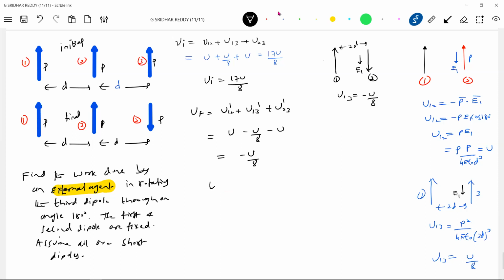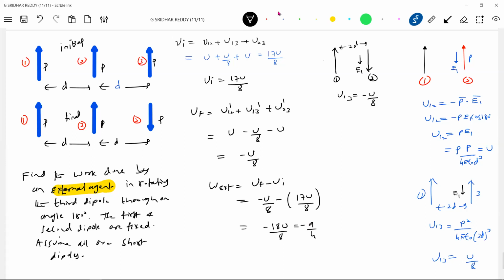So what is the work done by the external agent? Work done by the external agent should be equal to Uf minus Ui. What is Uf? Minus U by 8, minus of 17 U by 8, which is minus of 18 U by 8. 18 by 8 will be 9 by 4.